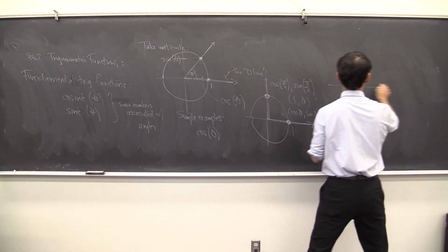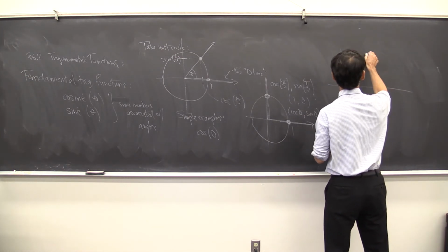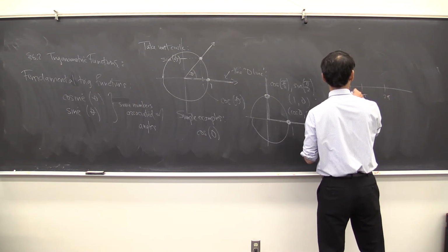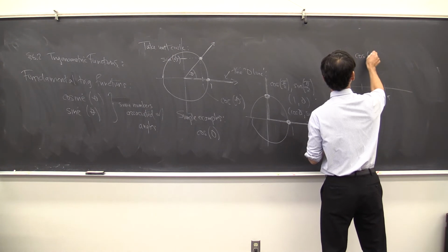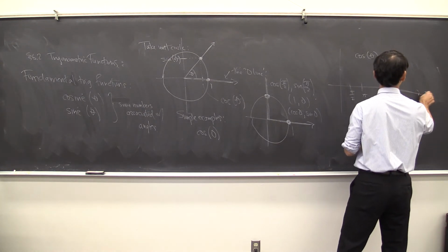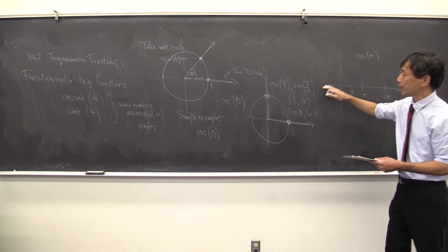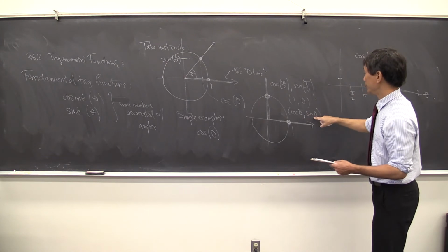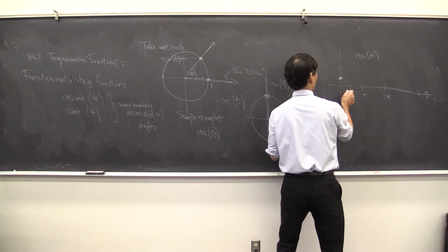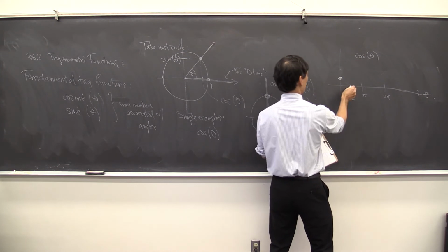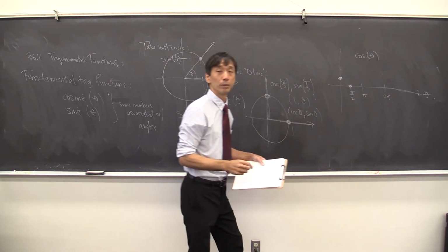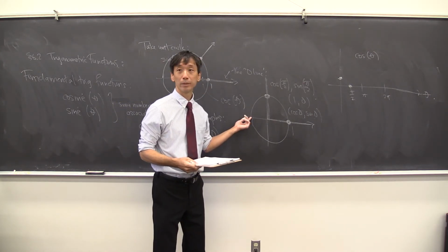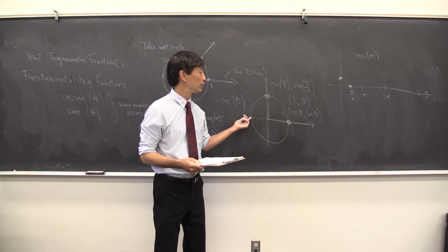So if we're thinking of this as a function, looking at the cosine function, at time 0, cosine is 1. At time pi over 2, cosine is 0. What about at time pi? What's the cosine going to be at this point?